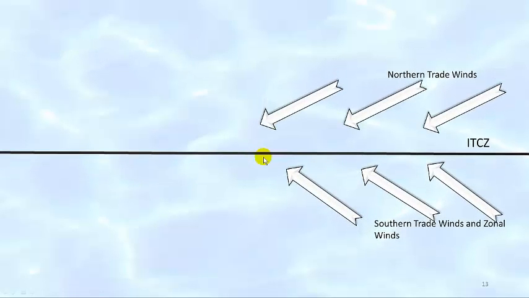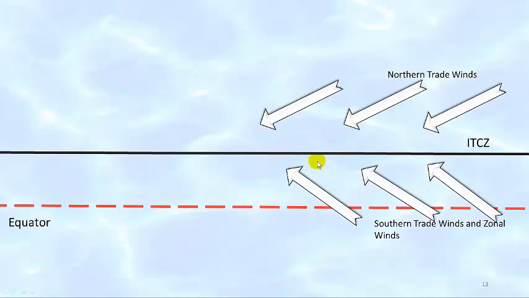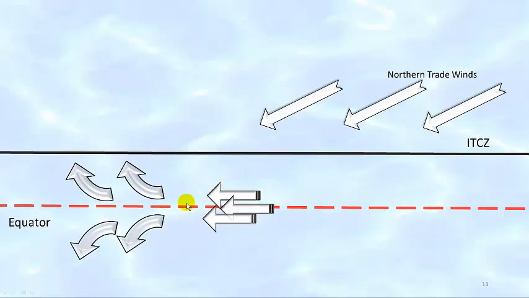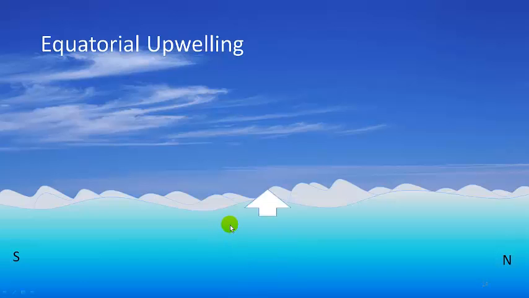One of the wonderful things that happens as a result of this is we get the possibility, as the intertropical convergent cell migrates north and south of the equator as it follows the seasons, that the movement of this along the equator tends to produce an Ekman type effect, which pumps water up from the depths as well.